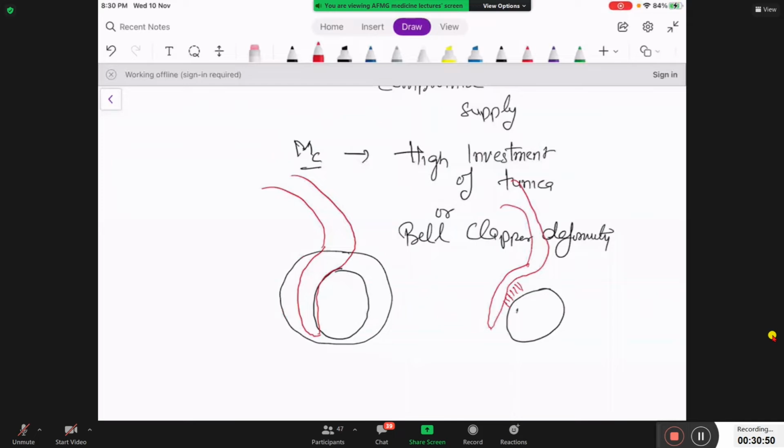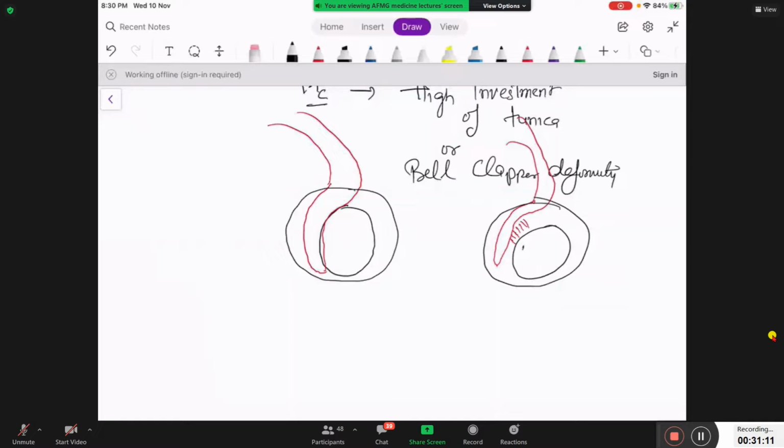So like a bell clapper, you can see that the testis is hanging like a bell, so it can rotate anytime, right? So this is called bell clapper deformity, right? Now this is the reason of a testicular torsion most of the time.